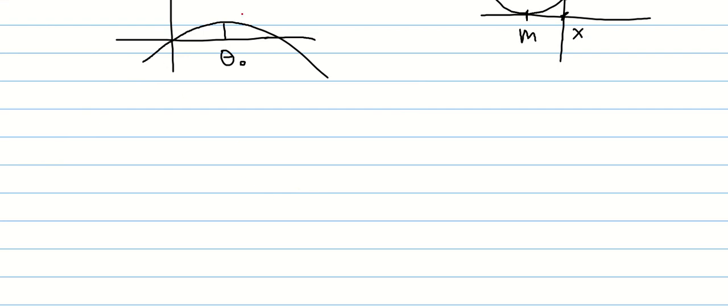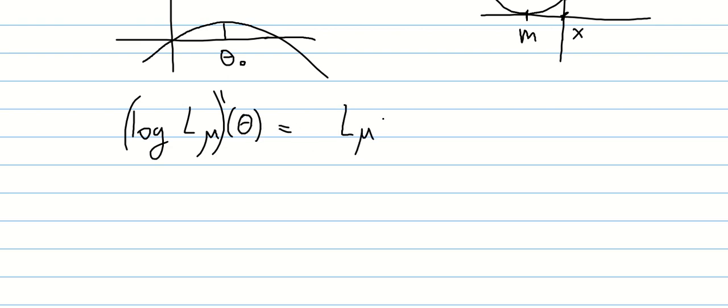Now let's again use the definition of the fact that this is a moment generating function. So when we take the derivative of this and evaluate at theta, what we get is the derivative of what's inside over what's inside.